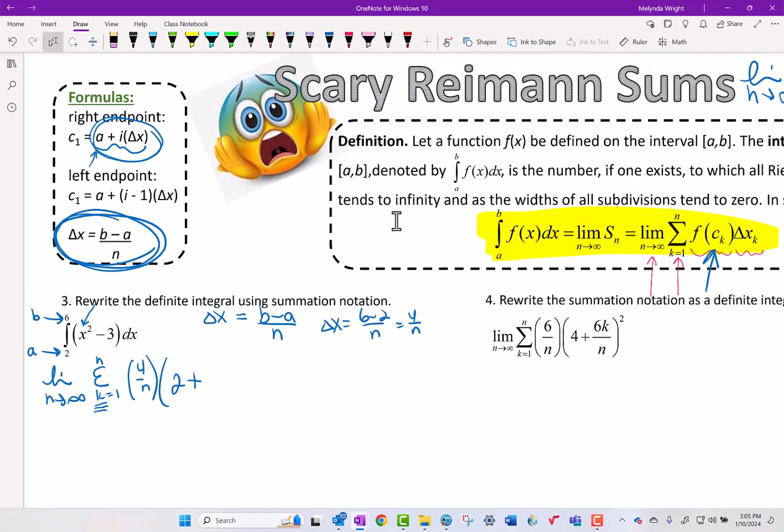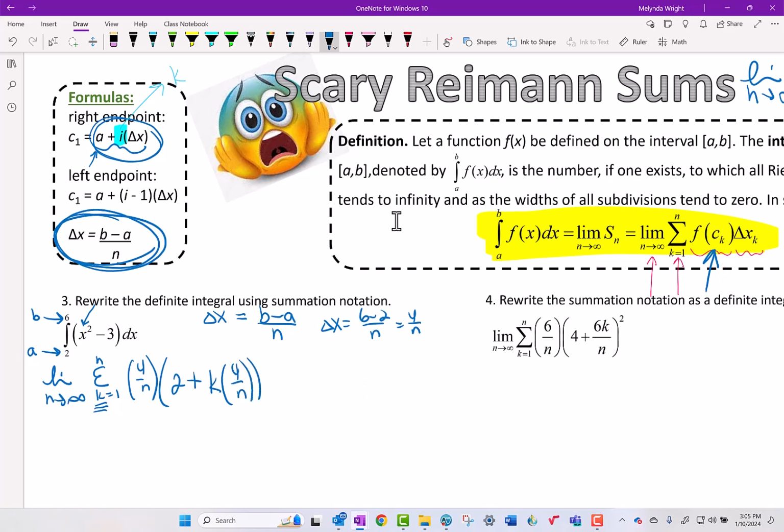This formula was written if this letter were an I. So I'm going to take this right here, and this is going to be K, so I can match. Instead of putting an I, I'm going to put a K. Okay, that's it. So I have 2 plus K times delta X, which was 4 over N.